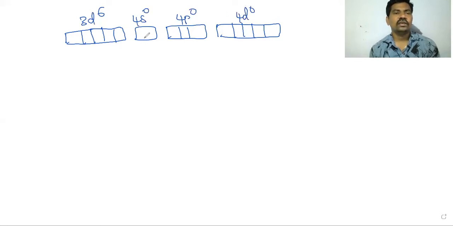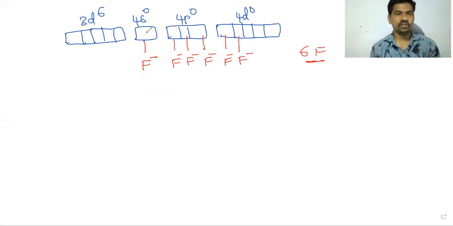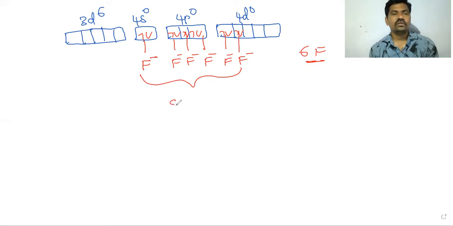How many fluorines are present in this coordination compound? Total 6 fluoride ions are present, and each fluoride ion will donate a pair of electrons to these vacant orbitals. So total sp3d2 hybridization.